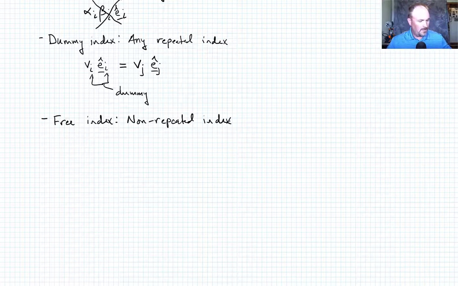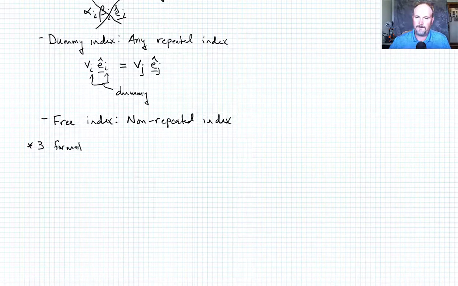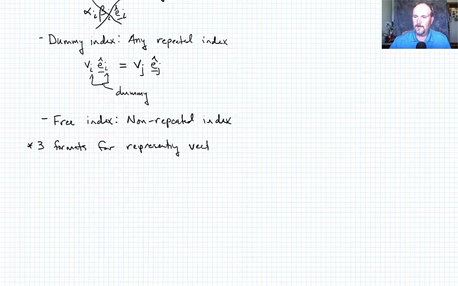Okay, there are basically three ways or three formats for representing vectors. The first one is what we'll just call direct notation.